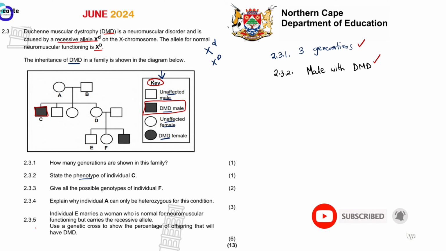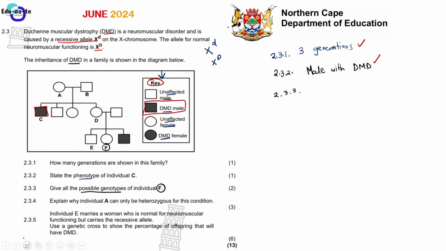And then 2.3.3 asks us, give all the possible genotypes. Now we want the genotypes. Give all the possible genotypes for individual F. Individual F is an unaffected female, someone that doesn't have the condition, the disease.